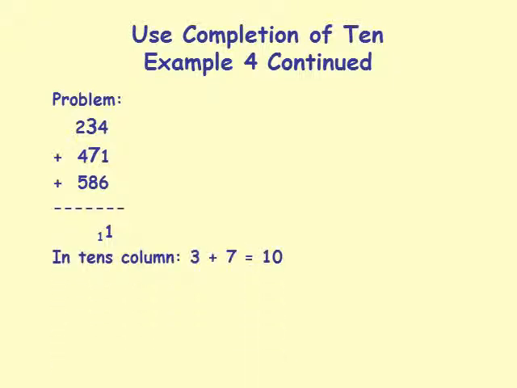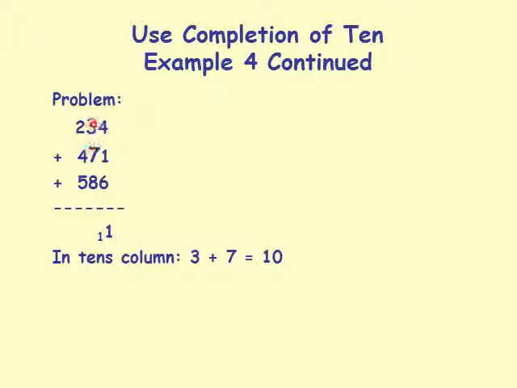Now we're going to continue this example here. So this is the problem from last time. Okay, and this is what we had: 1 and a carry. We had this 1 here and carry 1 for the column on the left, let's say the tens column. So this time I have highlighted 3 and 7 because 3 and 7 are components of 10.